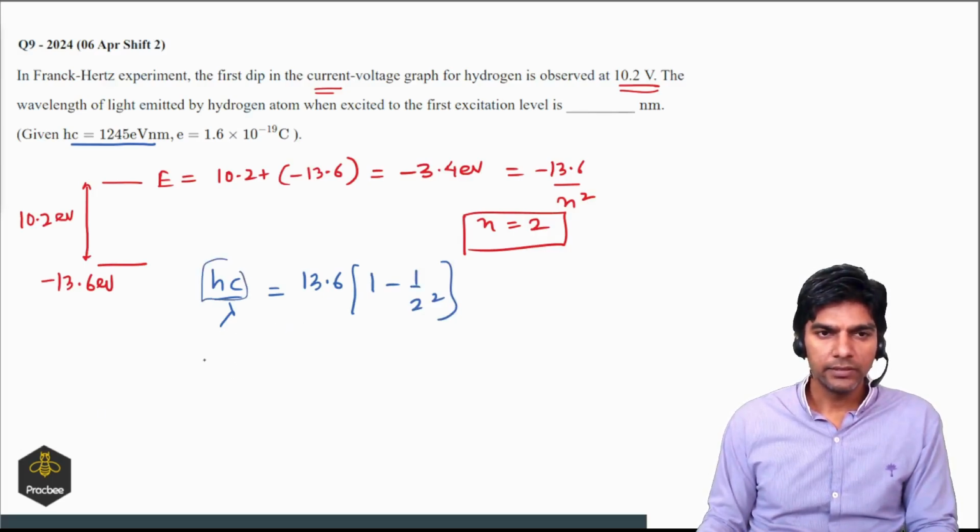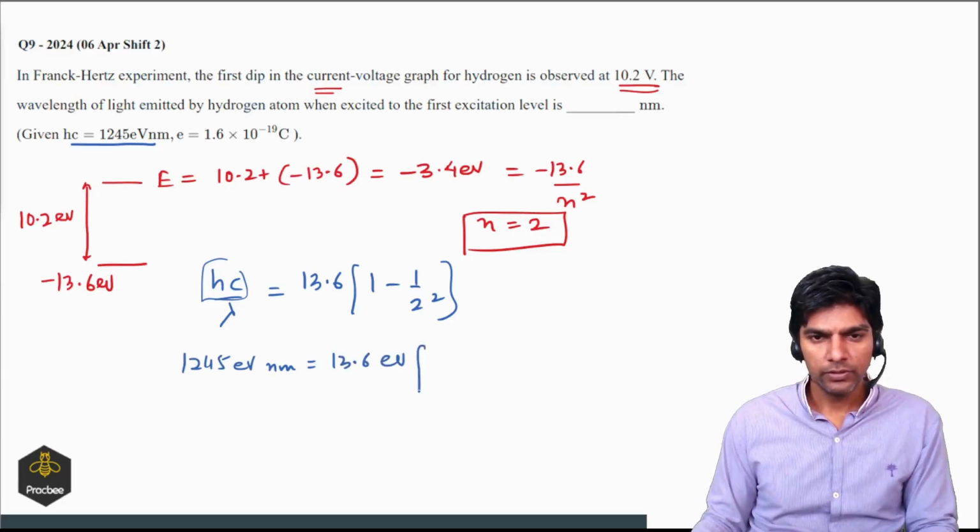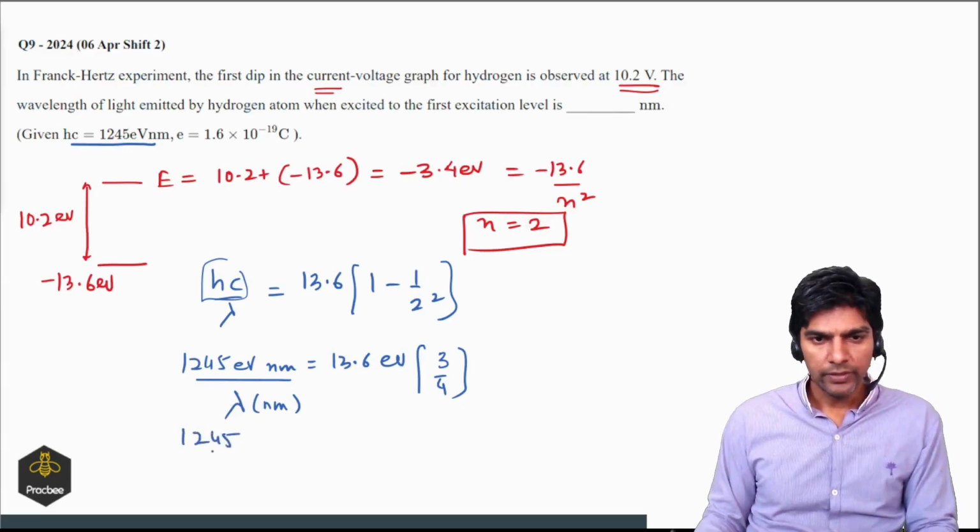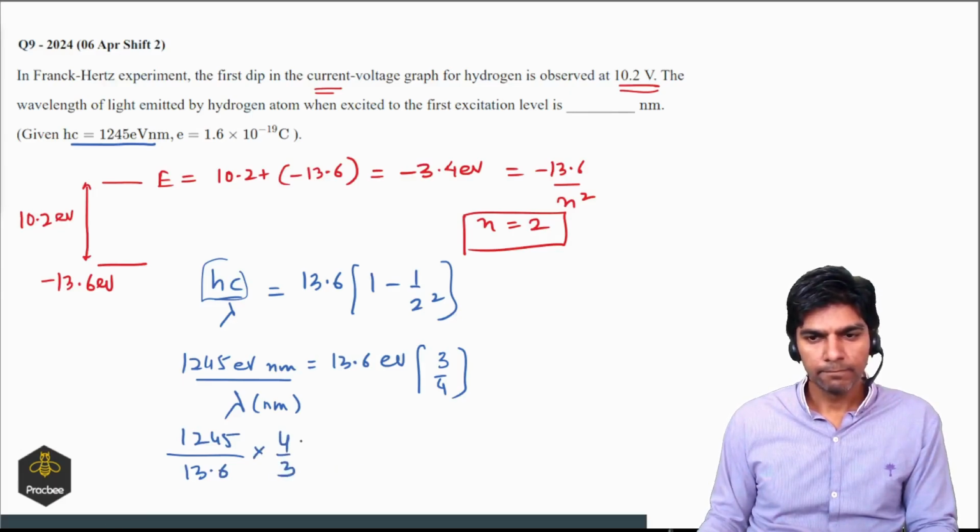And this hc is 1245 electron volt nanometer. So 13.6 electron volt, and this will be 3 by 4. Lambda will be in nanometer only. So 1245 divided by 13.6 times 4 by 3.